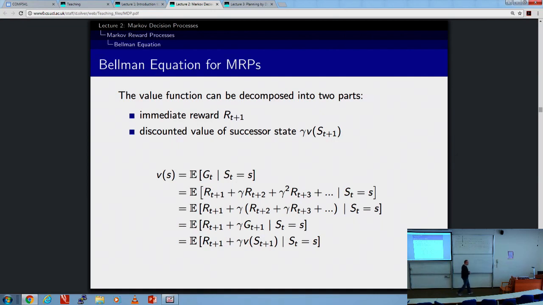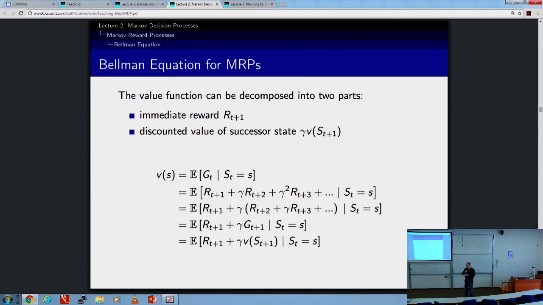Long story short, he says let's create a recursive definition for V by observing that the current V is equal to the immediate reward I'm getting from this state plus the discounted version of the next state's V. But you're going to say, I don't know what the next state is going to be.